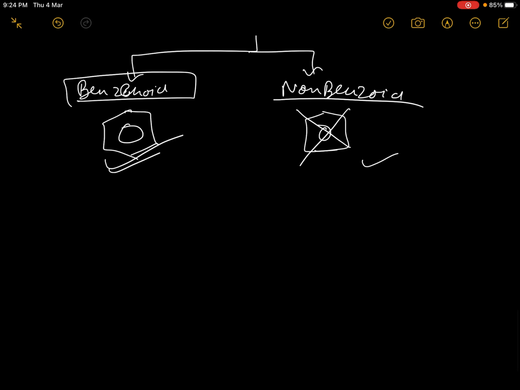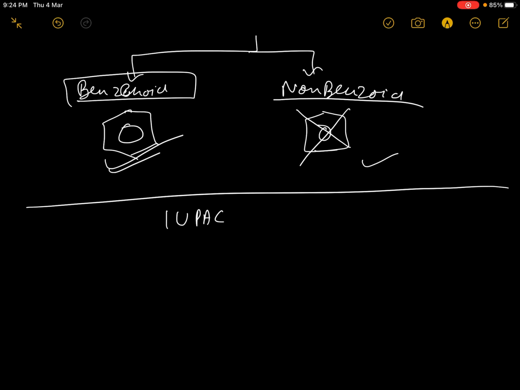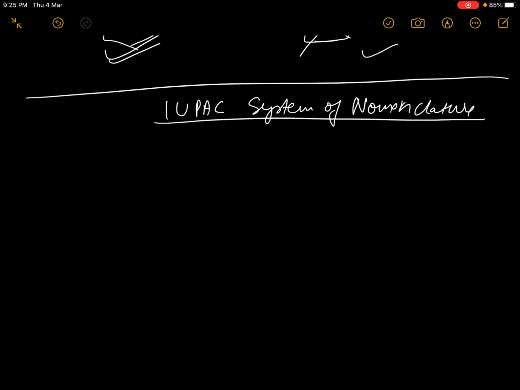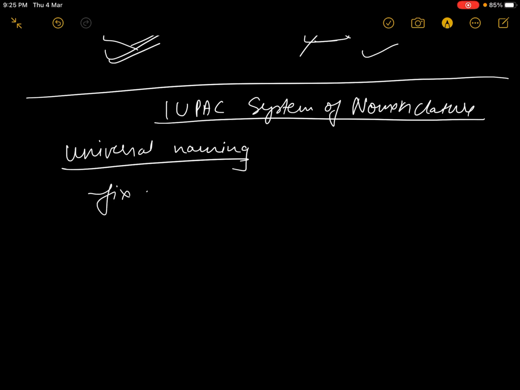After this, there is a need for proper naming of these organic compounds. So there is a system called the IUPAC system of nomenclature. We need a nomenclature system in which we can name all these compounds, which can be understood by all people in the world. This is the universal naming, and it is fixed for a compound.